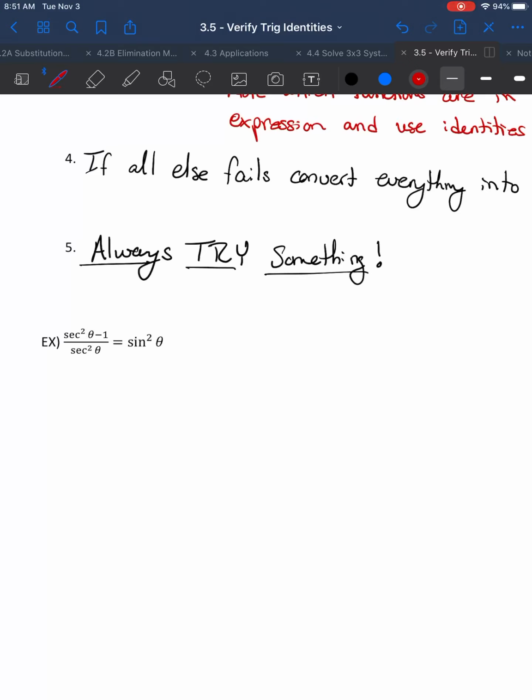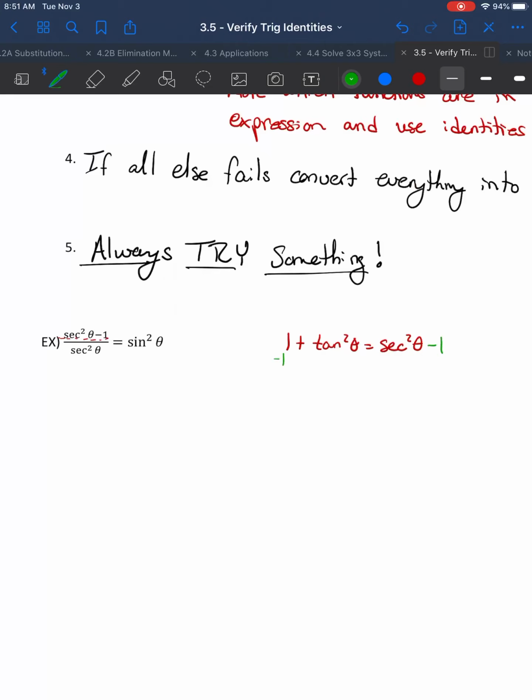All right, so secant squared minus 1 over secant squared, and I want to try and make it match the right side. I want to make it be sine squared. Well, the first thing I see is the secant squared minus 1. There's an identity that says 1 plus tangent squared equals secant squared.